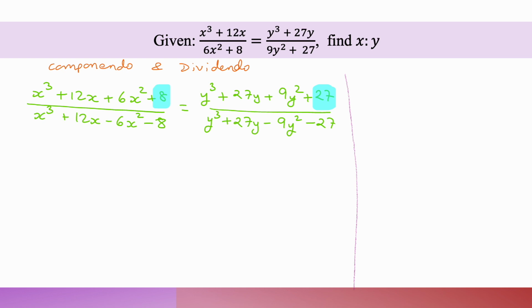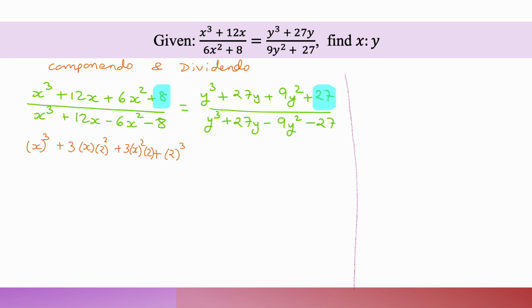So if we rewrite the terms as x cube, 8 can be written as 2 cube, 12x can be written as 3 into x into 2 square, and 6x square can be written as 3 into x square into 2. So this gives us the identity of (a plus b) the whole cube, which is a cube plus 3ab square plus 3a square b plus b cube.